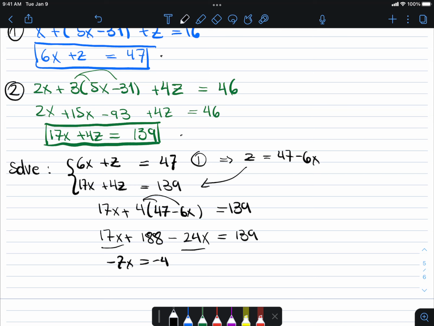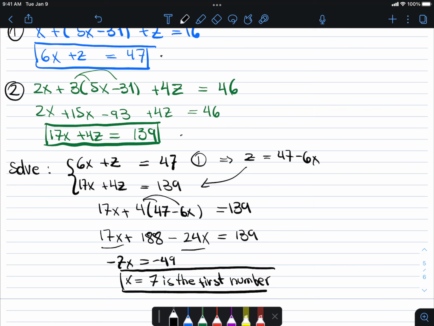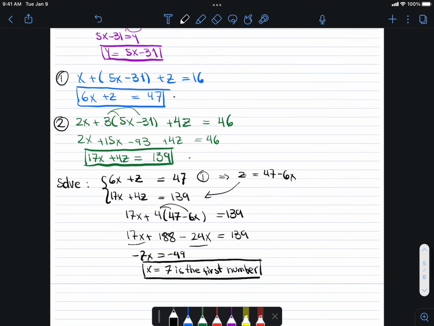So that looks beautiful because now I can just divide negative 49 by negative 7 to get 7. So that is the first number. I had 3 to find, and that's not just a third of the way there, that's almost all the way there, because all I need to do now is start backtracking.